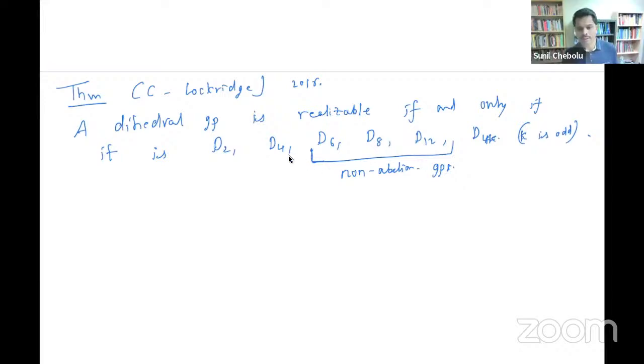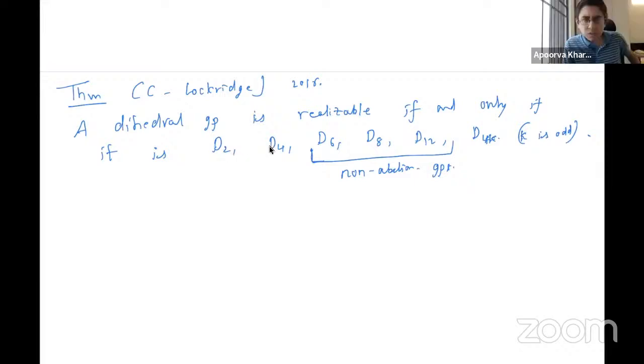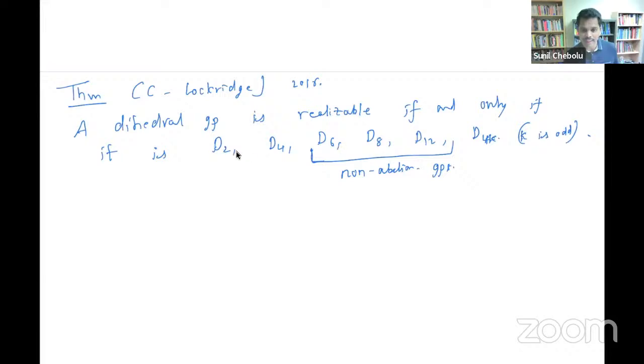So in the list that I have here, D2 and D4 are abelian, D6, D8, and D12 are non-abelian. Forget about D4K for a minute, and I will tell you why. These three are non-abelian, and this turned out to be very surprising, because if you set aside the abelian ones, these turn out to be exactly the symmetries of polygons which tile the plane.